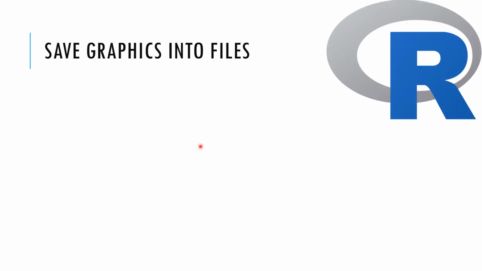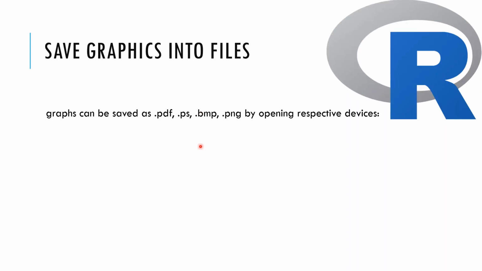So now let's look at how to save graphs into different files. These graphs or plots can be saved as PDF, PostScript, BMP, PNG, or JPEG format. The way we save in R is that we open devices. For PDF, we use the pdf function, and inside the bracket we mention the name by which we want to save that particular plot.